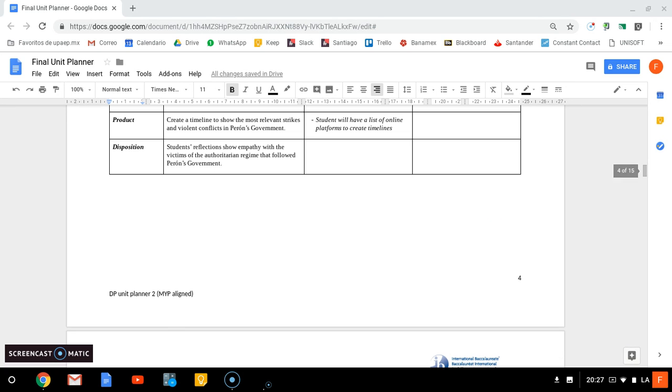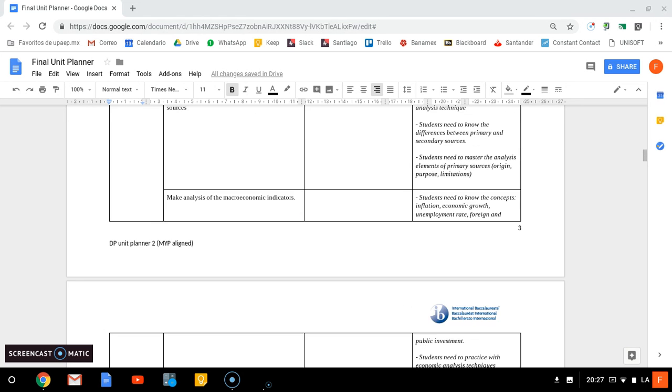The products, this is very different than the task. It is not a task. The learning target product is the process that students follow to get a specific product. And then the disposition, which is really related to the attitude the students have toward learning, toward the content you are addressing.